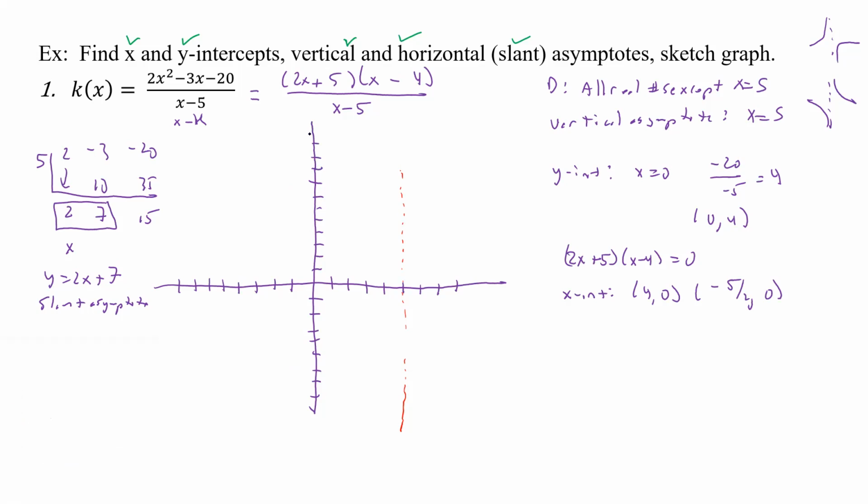1, 2, 3, 4, 5. So now, where did our point go? 1, 2, 3, 4, 5, 6, 7. We can go down 1, 2, left 1, and that would be about there. We can go up 1, 2, right 1. And so we're going to have some kind of something like this.